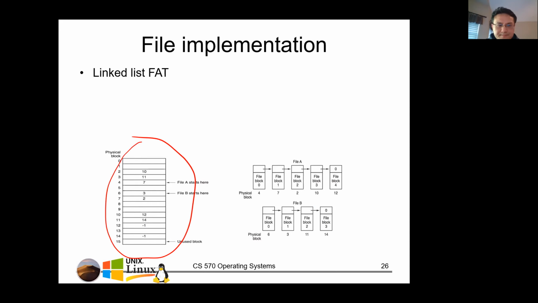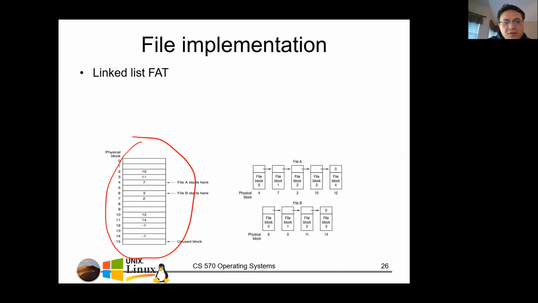All right, so let's look at it from the access perspective. For sequential access, you start from the beginning and you read the file along. That's not bad, because normally you load the whole FAT table in the memory.